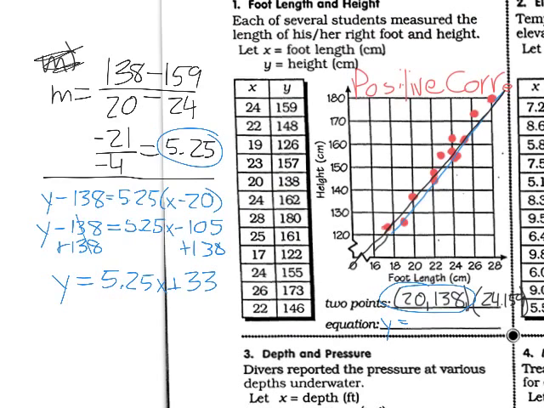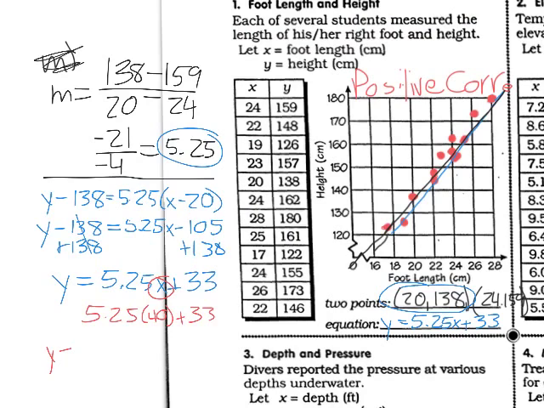y equals 5.25x plus 33. And then from there, maybe I wanted to predict how tall somebody with 40 centimeter feet would be. Then I would just take my 40 and plug it in there for x. So I would do 5.25 times 40 plus 33. 5.25 times 40 is 210 plus 33 is 243.